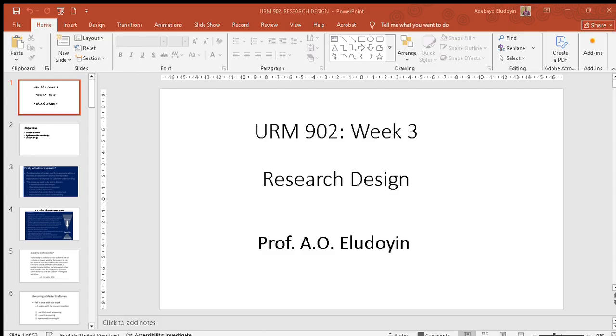By the end of this class, each and every one of us should be able to talk about what research design is, and how we can adopt or apply it in any of our research.